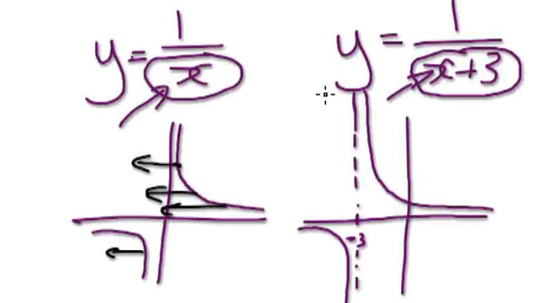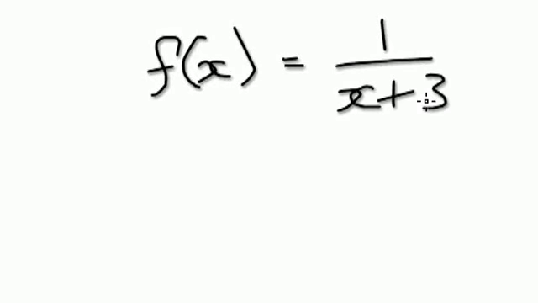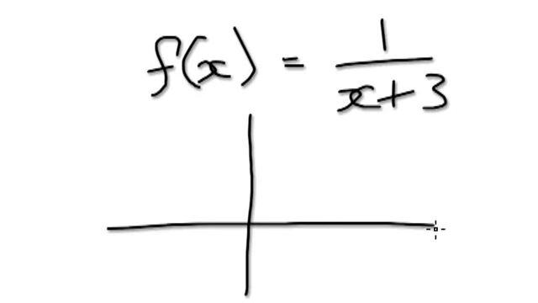What I'm trying to illustrate to you is that here you've got f of x equals 1 over x plus 3, and the graph happens to be like this, with negative 3 here.